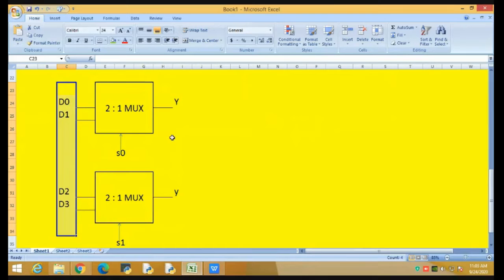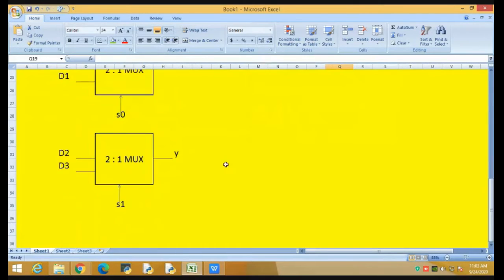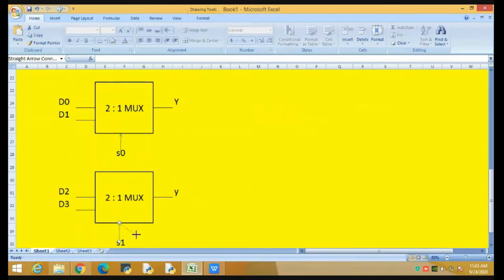But the output should also be 1, whereas here I get 2 outputs. So I am going to cascade these two select lines. How do we cascade these select lines?